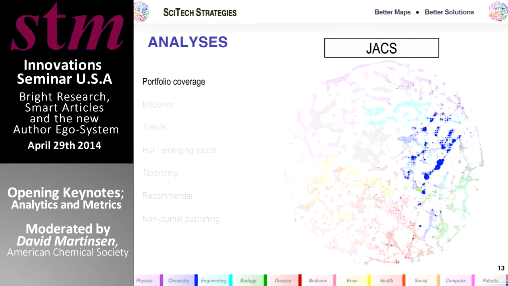Okay, so this is JACS. This is the Journal of the American Chemical Society, and you can see that it covers, the blue dots are all chemistry-related areas. The pink ones down at the bottom are more medical. But JACS covers chemistry very broadly, which is what you would expect from the broad headline journal for chemistry.